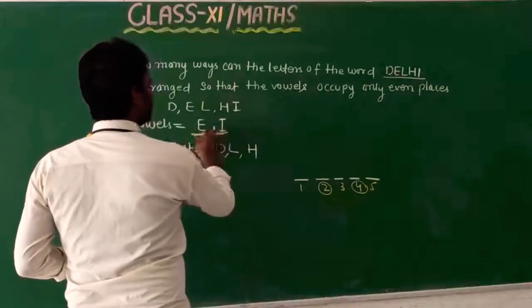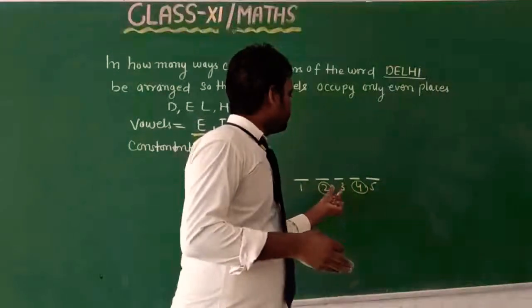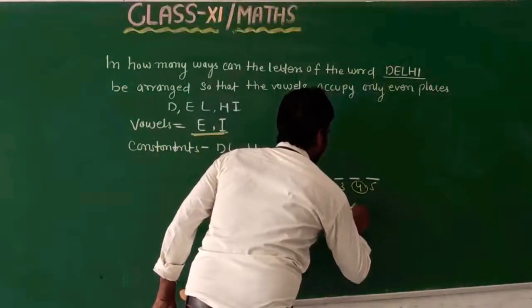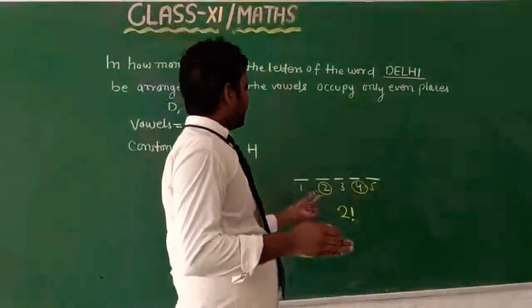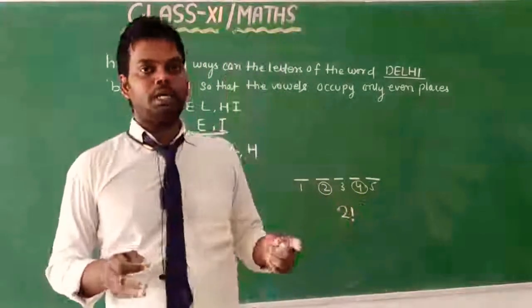Okay, so 2 vowels arranged at 2 places in factorial 2 ways.